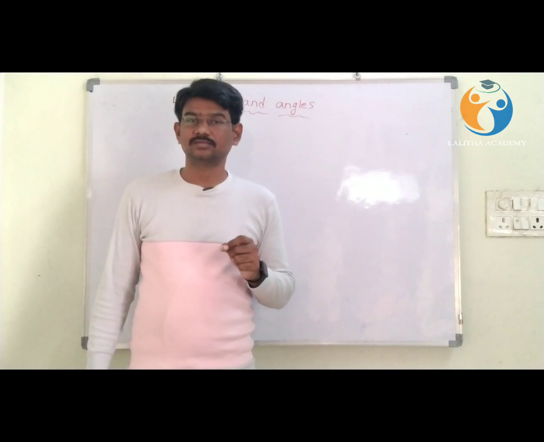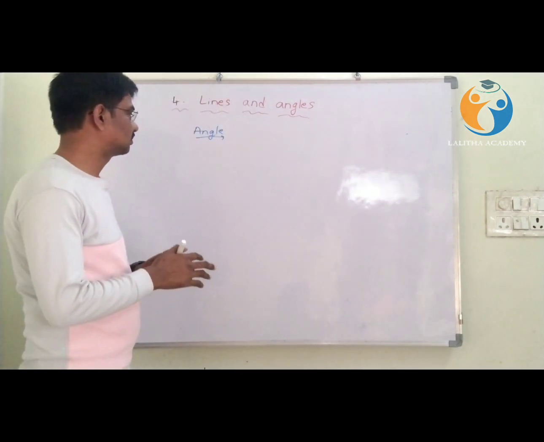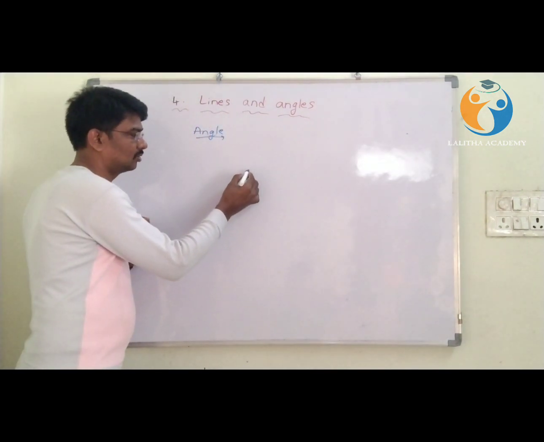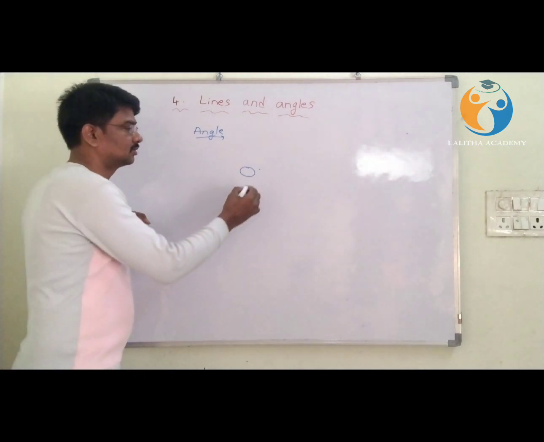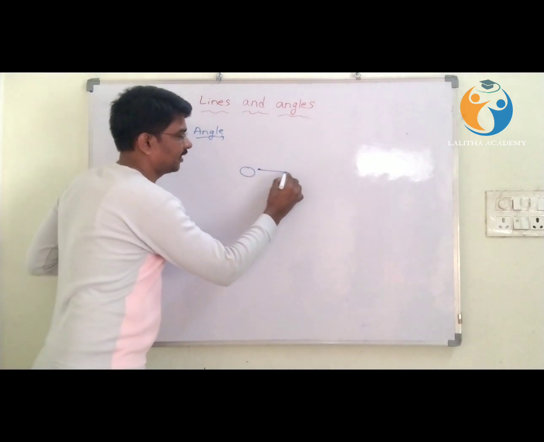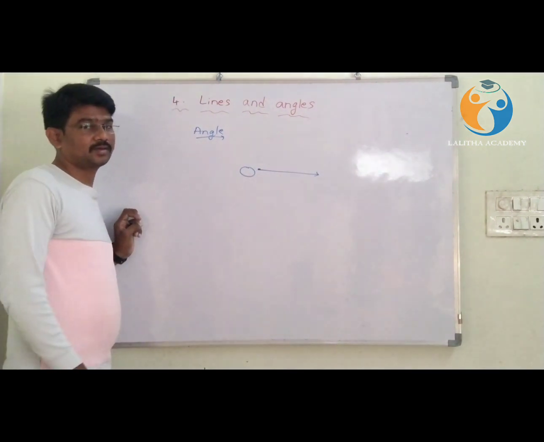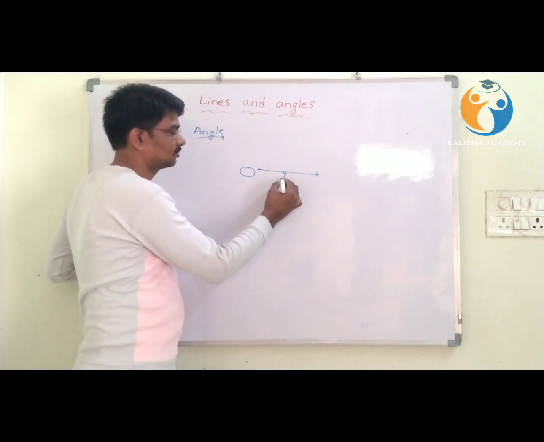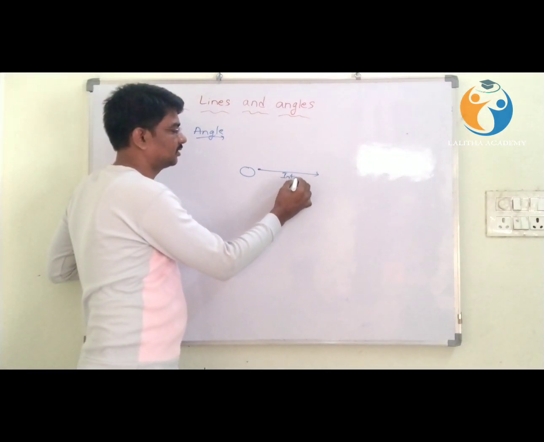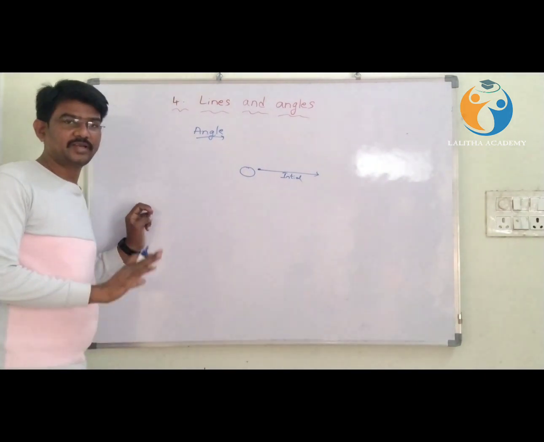What is an angle? First, suppose there is a point O. What is the point name? O. There is a ray. This is the initial position, where it is.